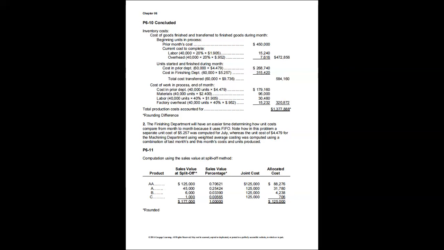Then we have the average pounds per chicken, no? That's the sales value at split off is 1. So 125 times 1 is 125. Then 15,000 times 4, 60,000 times 0.75 is 45,000. B, 6,000 times 2 equals 12,000. So the sales value is 6,000. C, we have 4,000 times 0.25.